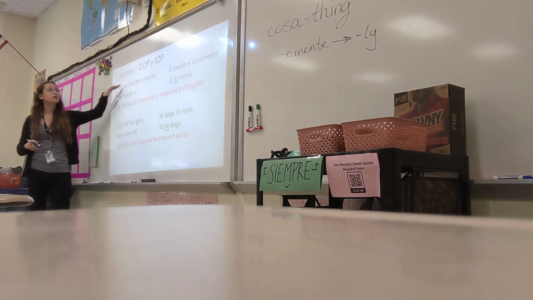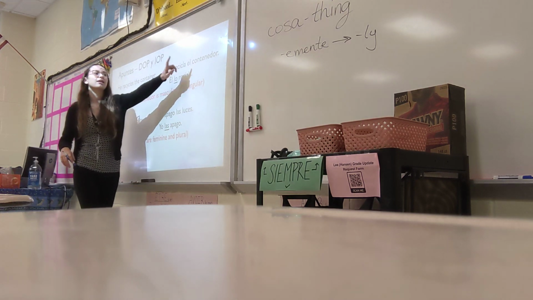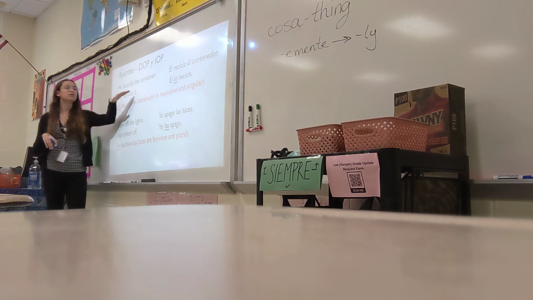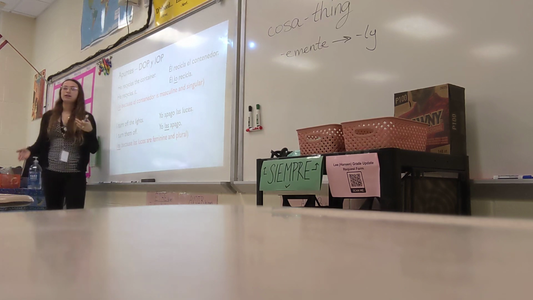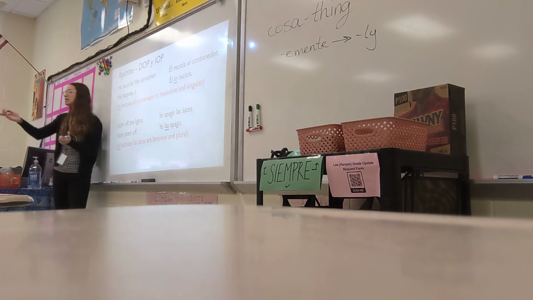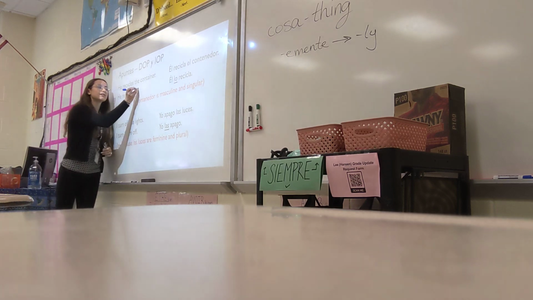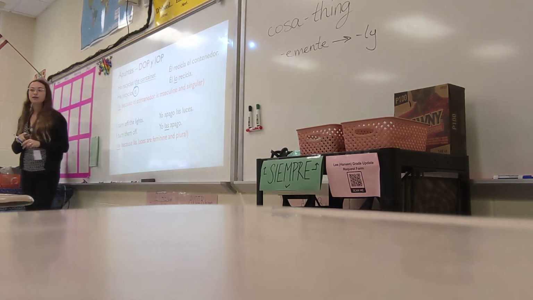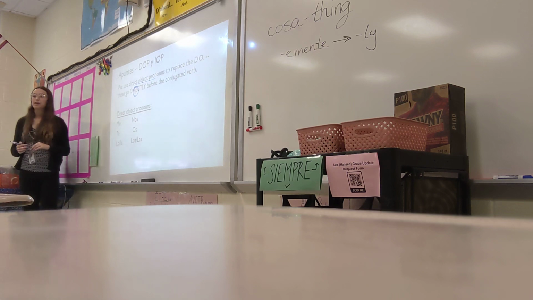So if we're saying he recycles the container, él recicla el contenedor. Great. Now if we want to say he recycles it, maybe I already said he has a container, he recycles it. I don't want to say the container again. If I want to say he recycles it, it is substituting for the container, el contenedor. We saw on our last slide, el contenedor would be he, she, it, right?